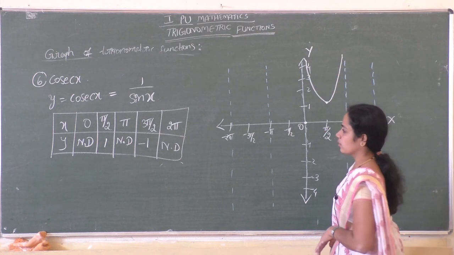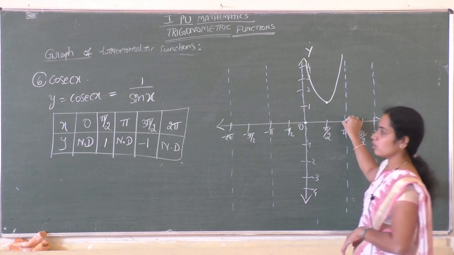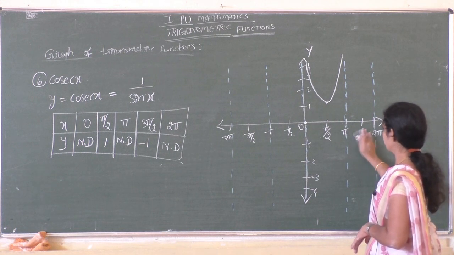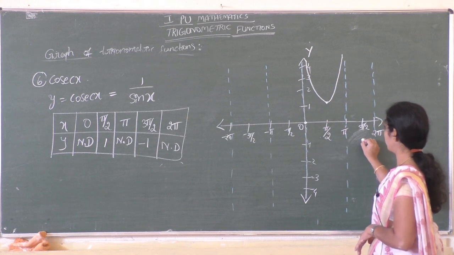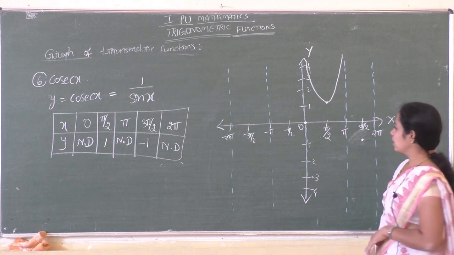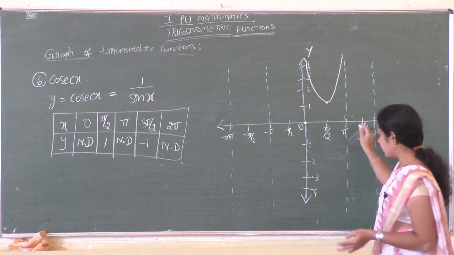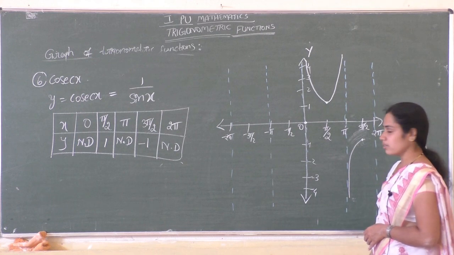Third quadrant, pi to 3 pi by 2. For 3 pi by 2, the value is minus 1. In the third quadrant, both sin and cos are negative, so it goes from minus infinity to minus 1.